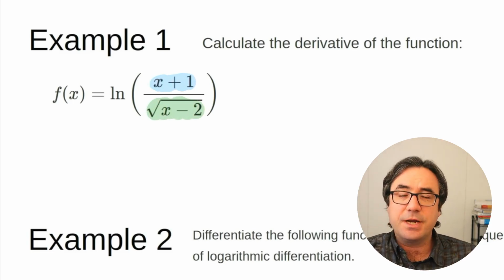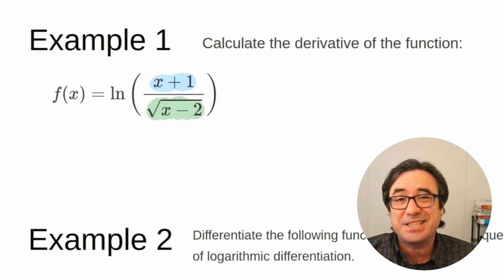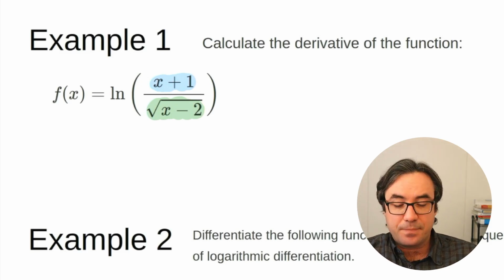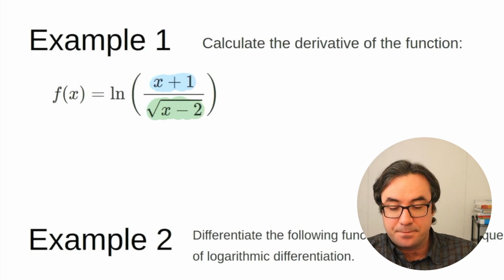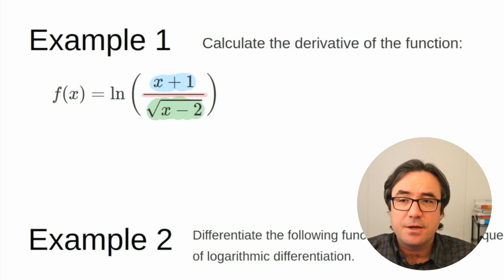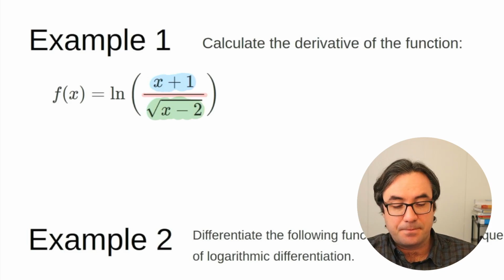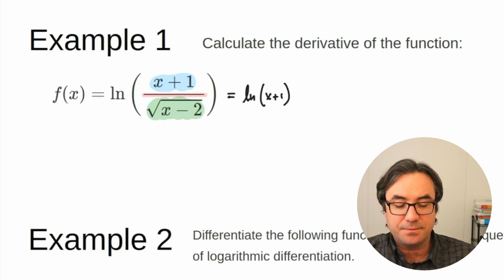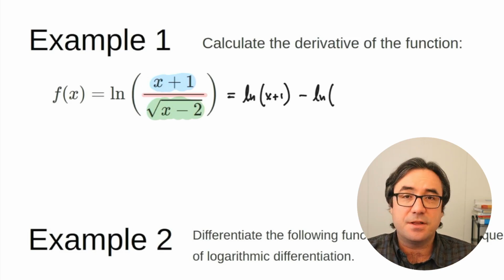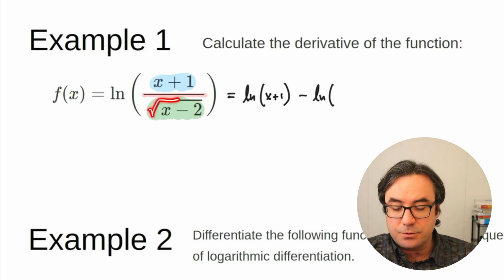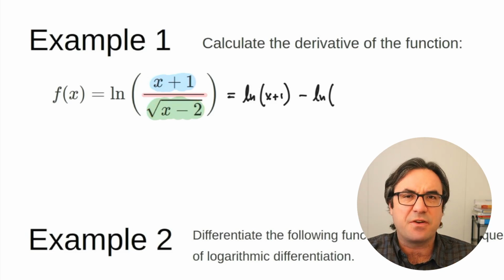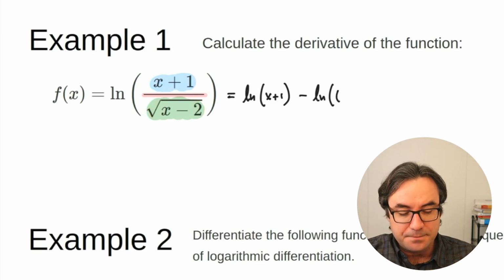The main operation going on inside this log function is division. So we can rewrite that division as subtraction. So we can take the natural log of just the top function and subtract off the natural log of just the bottom function. And while we're at it, I'm going to rewrite this square root as a power function, our usual technique.